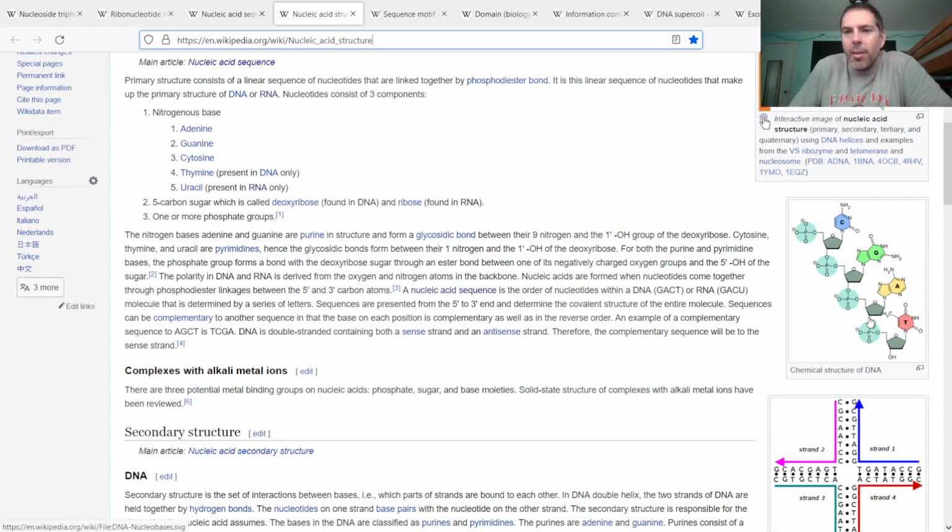So you can see here this chain of nucleotides. You have the phosphate sugar backbone of either DNA or RNA, and then the bases attached to them. And this is a single-stranded version. The double-stranded version would have the anti-parallel sequence in the other direction, forming hydrogen bonds between the strands.